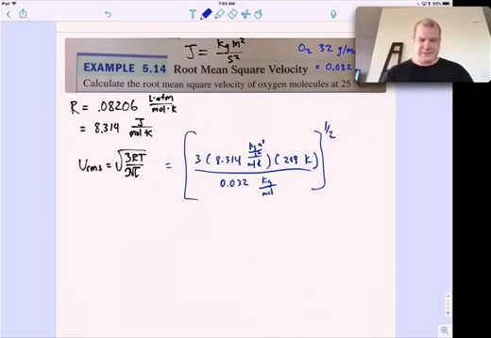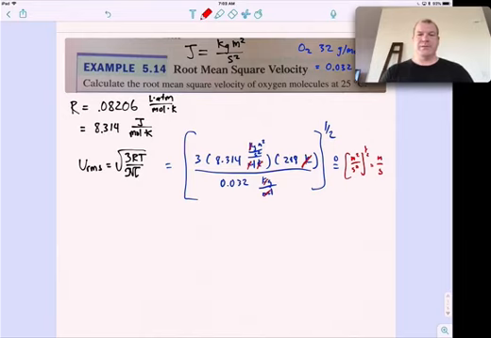So let us look at the units. Looking at the units here, the Kelvin cancel. Kelvins cancel, moles cancel, kilograms cancel, and now we have meter squared per second squared, the square root, which is a meter per second.